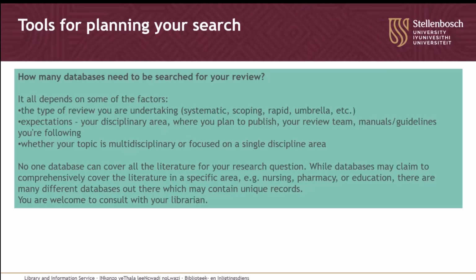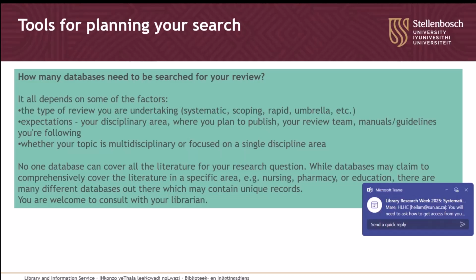There is no golden number. As I say, it depends on the research focus of your topic or your question. I'll talk a bit later about how many articles or results, what number is a good number, but I'll touch on that later on. This is purely about how many databases you need to search.